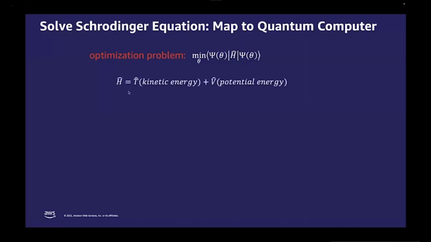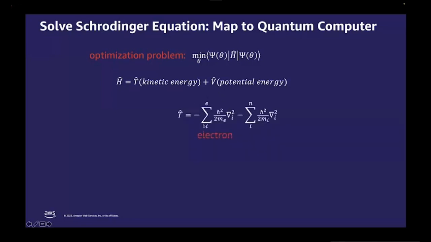The energy, the Hamiltonian, can be the combination of potential and kinetic energy. We write H as the sum of T and V, and V can be considered as a function of r, small r, which is the position of electrons and nuclei. Here is the equation for kinetic energy.